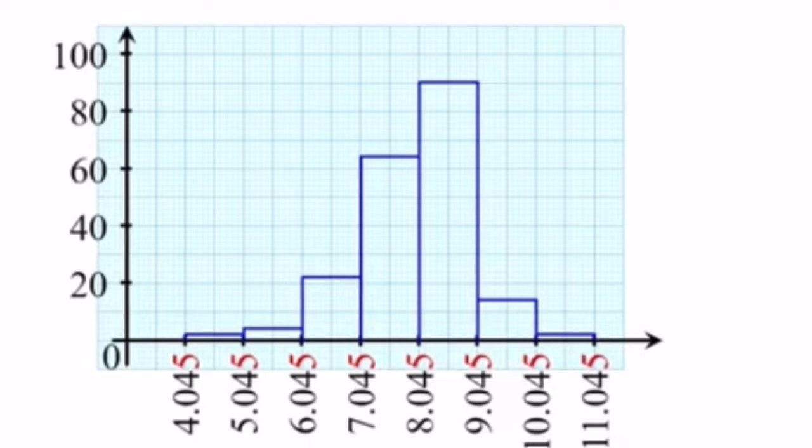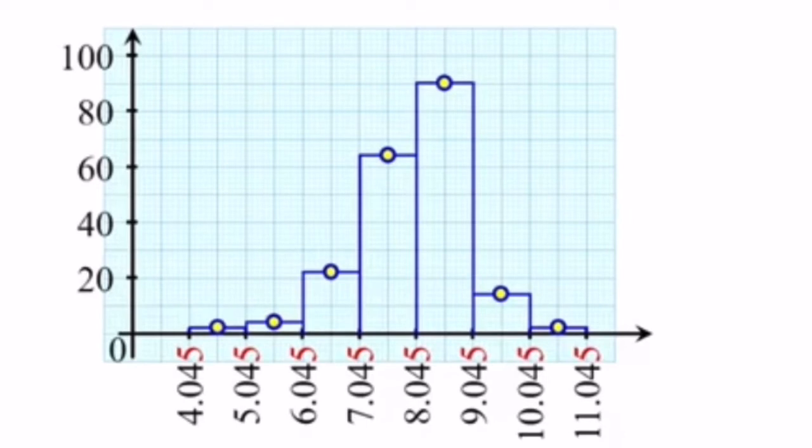Now let's try to draw the frequency polygon from the histogram, which looks a bit easier. We just focus on the midpoint to form the straight line. Okay, so you can see I'm labeling the midpoint using the small circle, right?